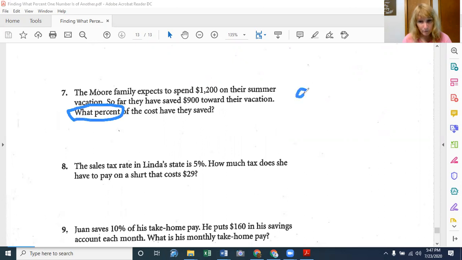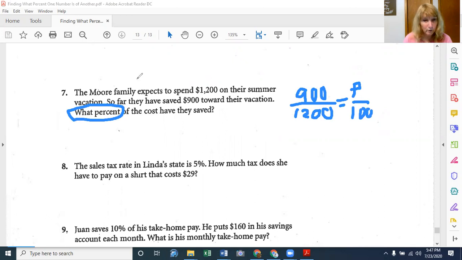The part, 900. The whole, 1,200. And in this case, P is missing. So we're going to solve for P. Reduce your 900 over 1,200 before you cross multiply and divide. Make it a lot easier with your numbers.